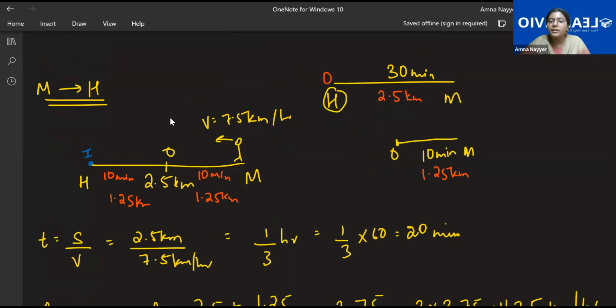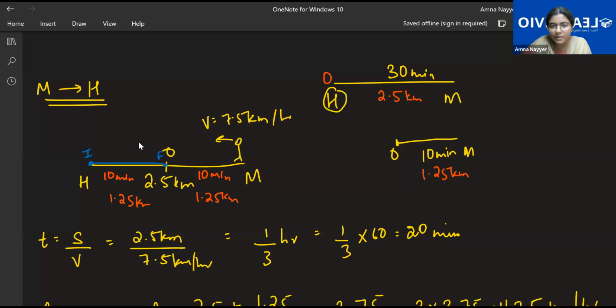What's the final point? Finally, he comes to this midpoint. So what's this distance? Only 1.25. This is just the displacement. Distance was total when he went from home to the market and back to this midpoint. But for displacement, you take the initial point, home. Where did he stop? He stopped here. Just join them. This is basically the displacement.